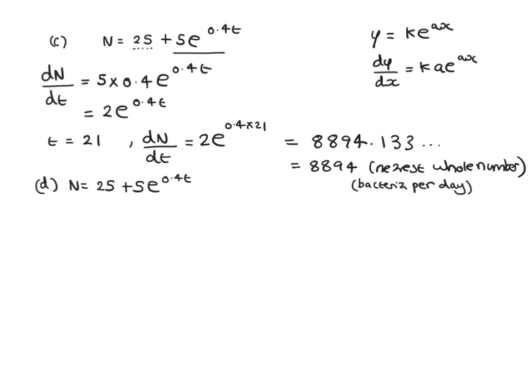Now the last part asks us to sketch the graph of n against t, and you can simply do this on your graphical calculator and then note any key points, but you may want to also think about the transformations that are occurring here. We have a stretch in the x direction. We have a stretch in the y direction, and then we have a vertical translation.